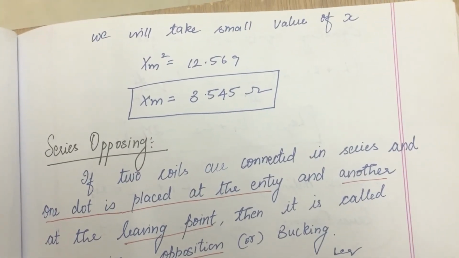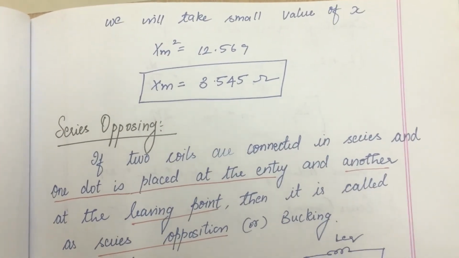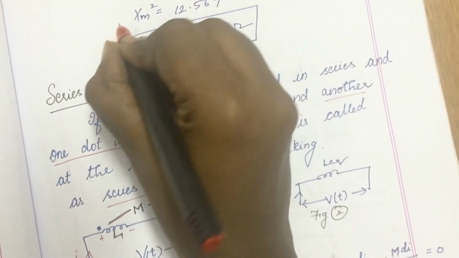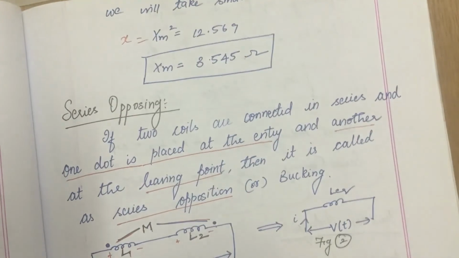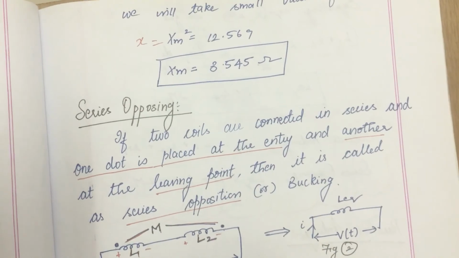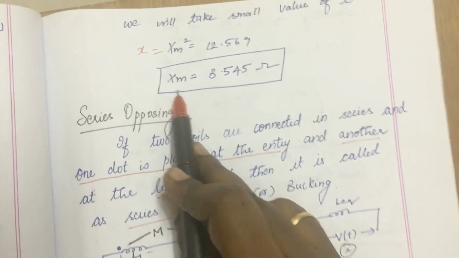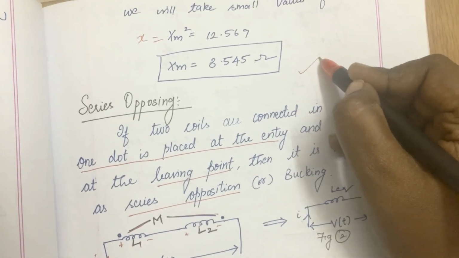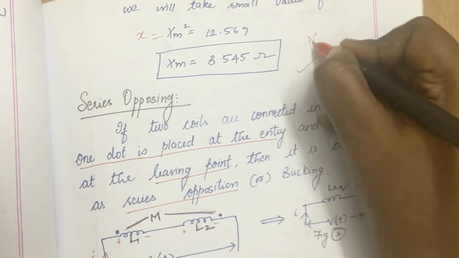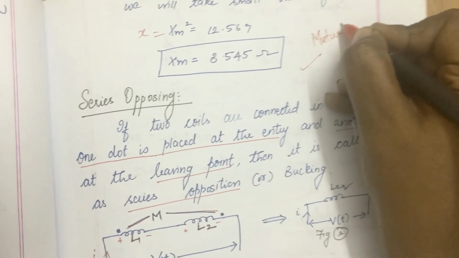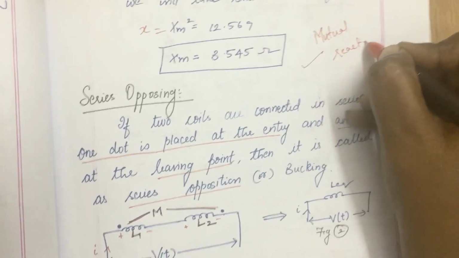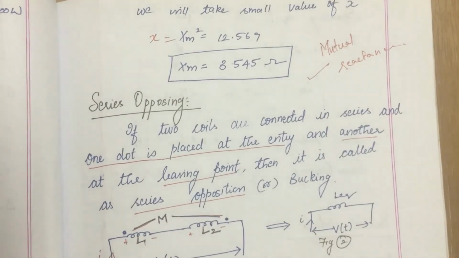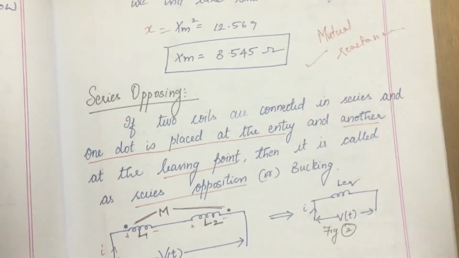So x is considered as 12.567, where x is equal to XM square. So XM is equal to 3.545 ohms. This is the answer, the mutual reactance. We have obtained the mutual reactance for the circuit.